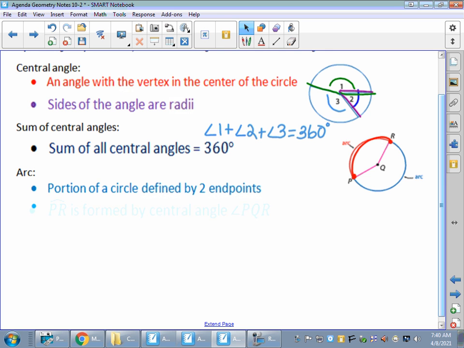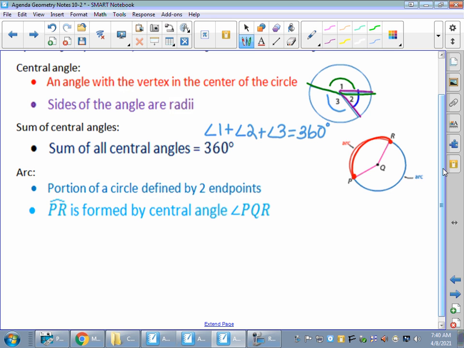So arc PR or arc RP. We write it as PR with a little tiny arc above it. Remember, it doesn't matter which order we name it, just like a line or a segment or anything else, we could call it RP with the arc symbol above it as well.